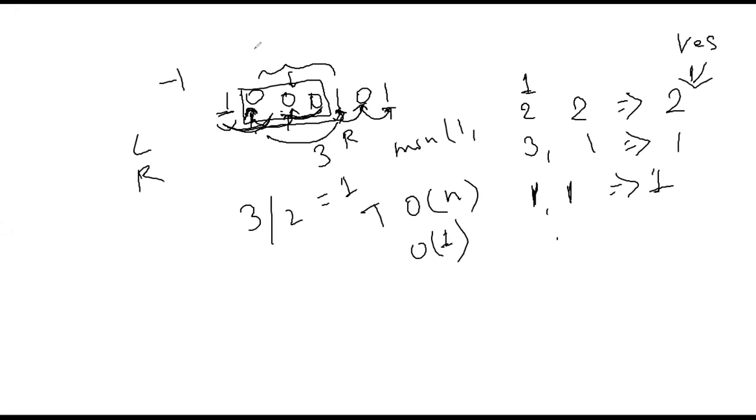Are you doing ceiling, by the way, Puneet? N plus 1 by 2. So it will be 3 plus 1 by 2. That's your maximum distance. Yeah, that makes sense. So it will be 2. Like in this particular case, he can figure out that the best solution he can get is 2. So that's a smart idea.